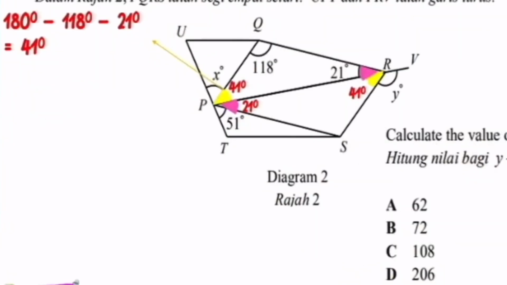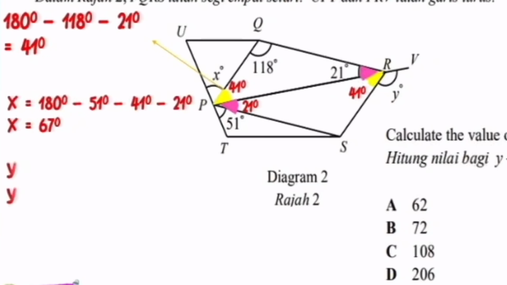Alright. So now you can see on the straight line UPT, the total angle is 180. So in order to find x, it is 180 degrees minus 51 minus 21, and minus 41. So the answer should be 67 degrees for x. And for y, I'm sure you have no problem, right? y is 180 degrees minus 41.